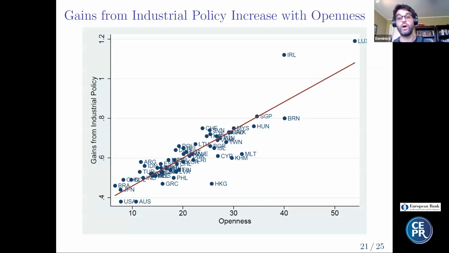And let me just show you how important openness is. Here we have openness plotted against the gains from industrial policy, and the relationship is very tight. So openness is really the key determinant of the size of the gains, and the key constraint on the size of the gains that countries can enjoy.